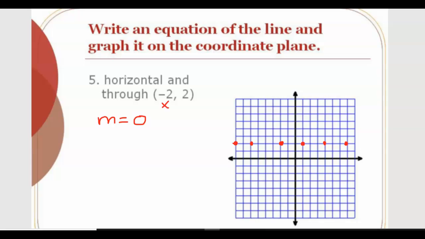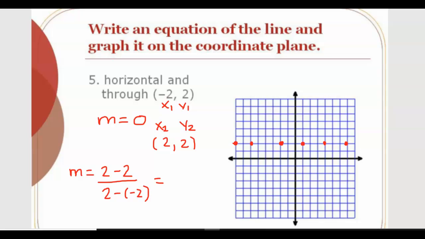So if this is my (x1, y1), I could say (x2, y2) is the point (2, 2). And what you would see is if you calculated your slope, you'd get 2 minus 2 over 2 minus negative 2, which gives you 0 over 4, which is 0.